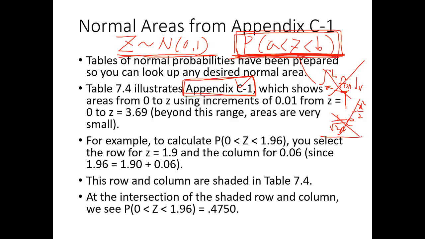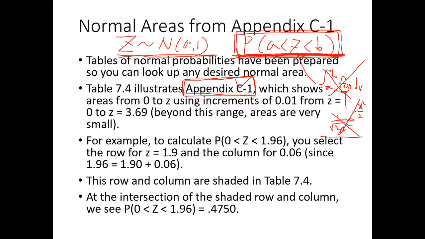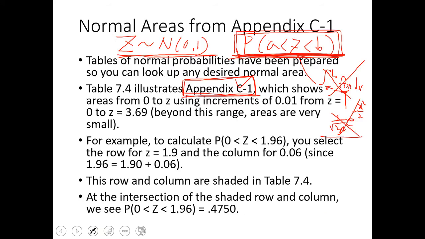Okay, let's go ahead. So appendix C1 shows the probability that the normal distribution is between 0 and some number.